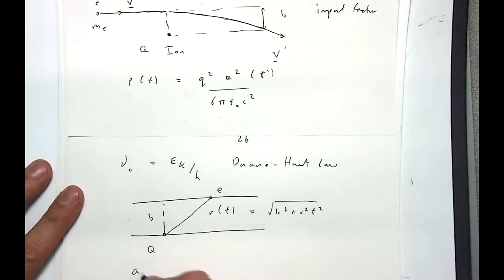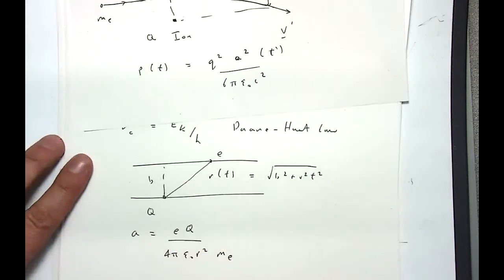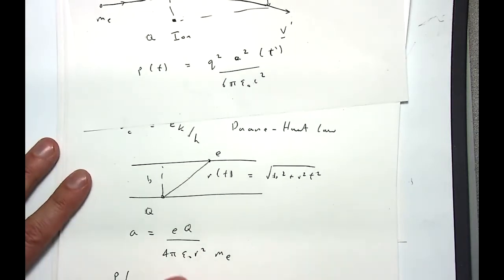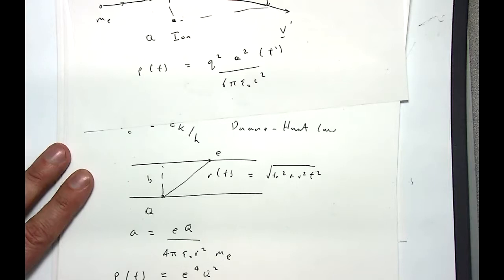So the acceleration A is equal to EQ over 4 pi epsilon naught r squared m_e. Q is the charge on the ion, E is the charge on the electron. So power as a function of time, I can write down explicitly as E to the 4th Q squared. You have to work this through bit by bit, there are lots and lots of big numerical factors that appear.